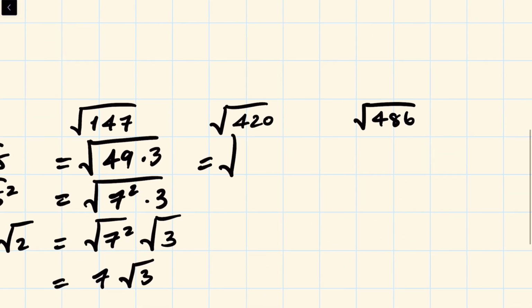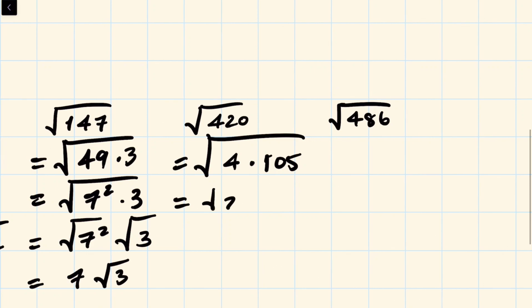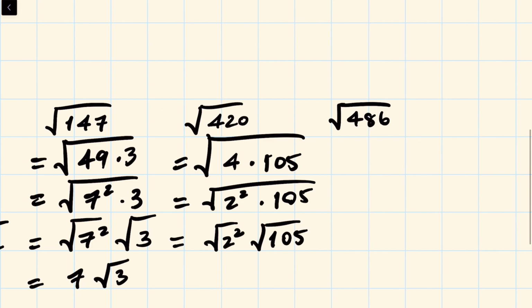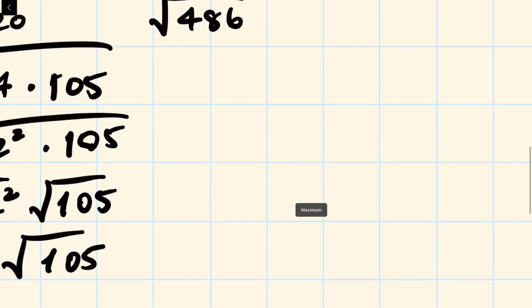Similarly here, we have 4 times 105, which is 2 squared times 105. So that's root 2 squared times root 105, so that's 2 root 105.